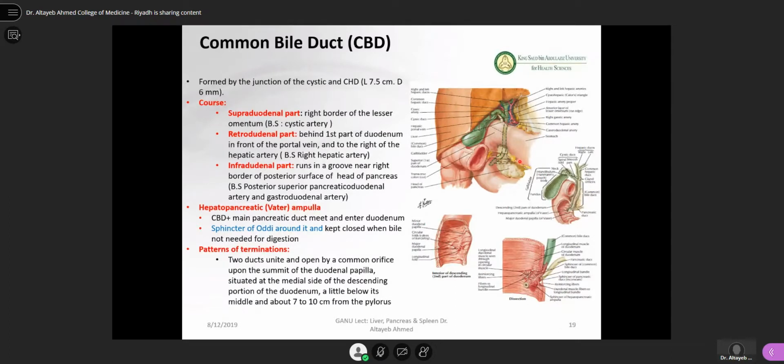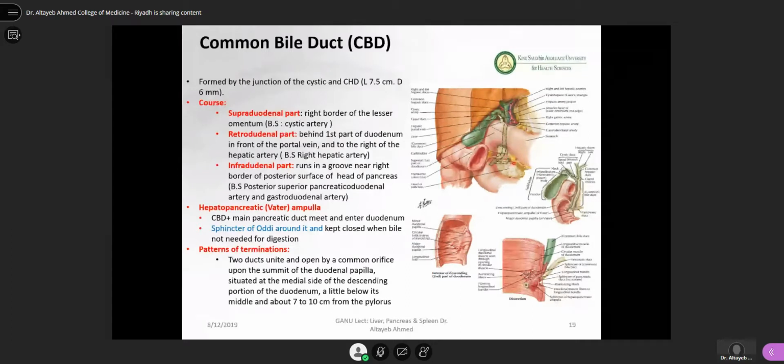Okay, it has three parts: the part above the duodenum, we call it supraduodenal; the part behind the duodenum, we call it retroduodenal; the part below the duodenum, we call it infraduodenal. This part receives its blood supply from the cystic artery. This part receives its blood supply from the right hepatic artery, and this part from the gastroduodenal and superior pancreaticoduodenal.